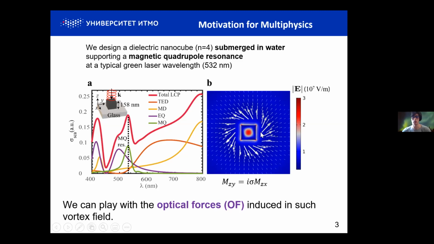The only thing that you need to know is that at this point, you have a special Poynting vector distribution. And this distribution leads to rotation of particles around the structure. This can be very useful for applications in microfluidics, where you need, for example, to mix a liquid very thoroughly, and you can actually do it with this kind of setup.